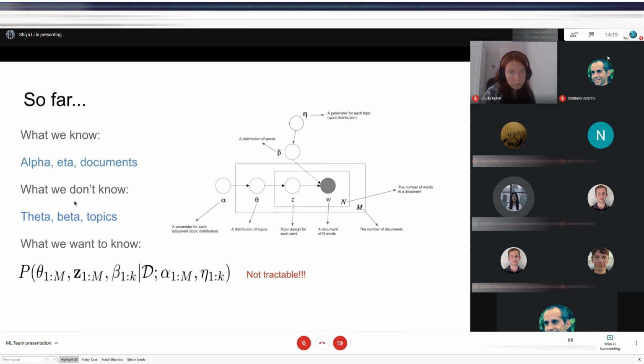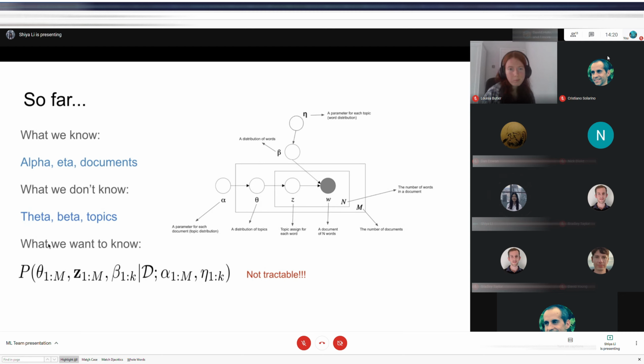And what we don't know is we want to use our initial values to generate the correct distribution of topics theta, and we want to use our initial parameters to generate our distribution of words beta. And also we want to know the topics. That's the key we want to know. We do this topic modeling. We just want to know the topics.